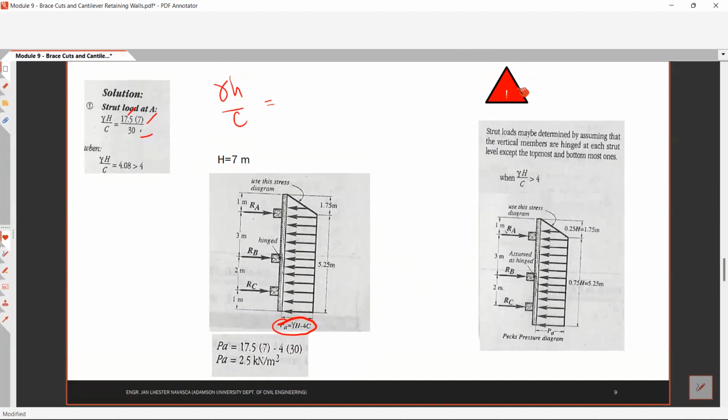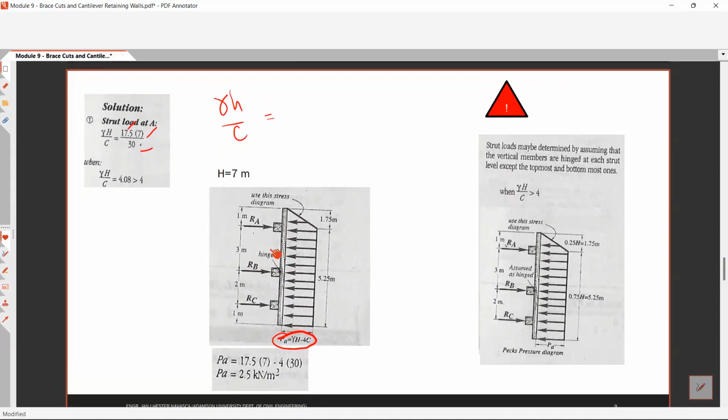And take note again that the strut loads may be determined by assuming that the vertical members are hinged at each strut level except the topmost and the bottommost one. Okay, so meaning the only hinge assumption is at point B, or the strut level at B. So therefore, ito lang yung hinge.